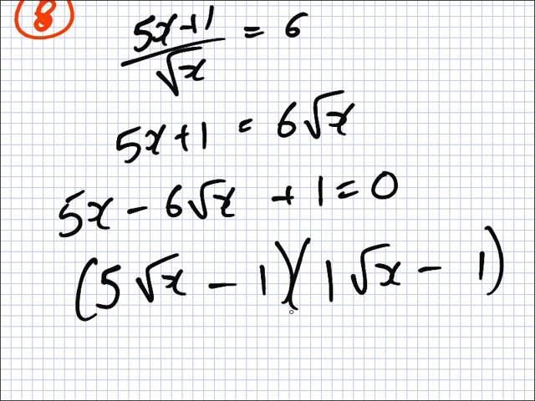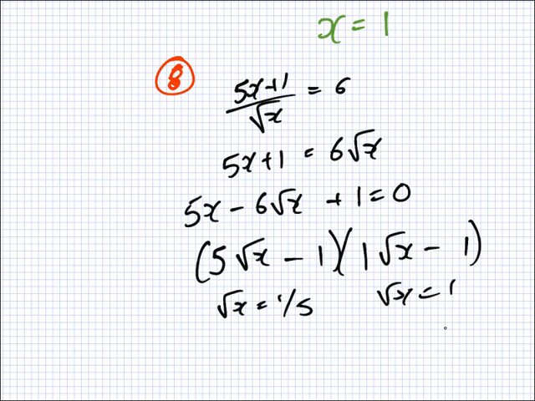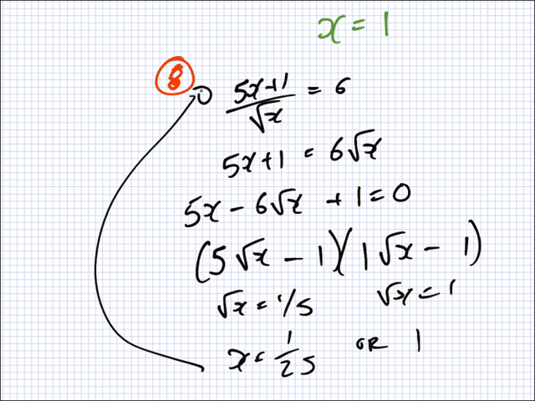So either root x equals a fifth or root x equals 1. So either x equals 1 over 25 or 1. And I think both answers work if you check them.